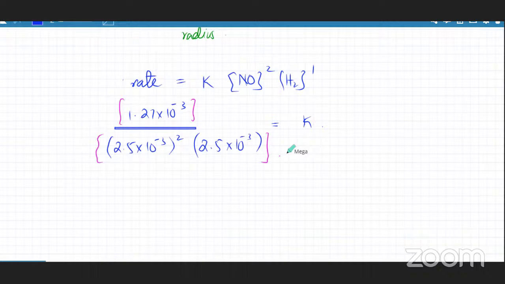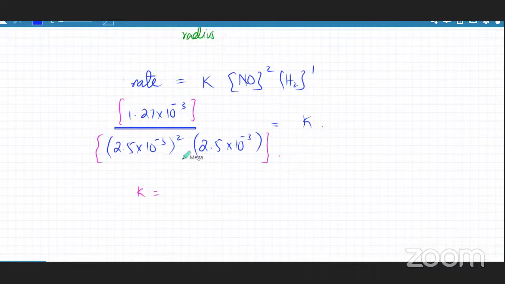Can somebody tell me what the value is? Has anyone done it yet? 1.2 into 10 raised to power 4. 8.1.